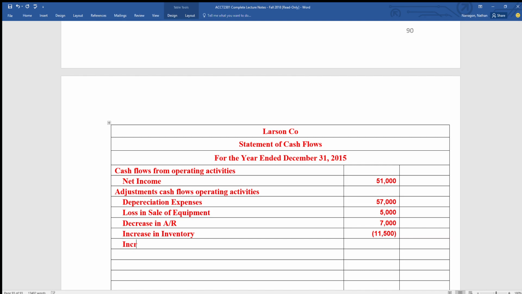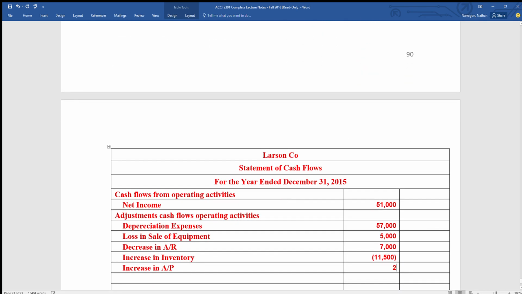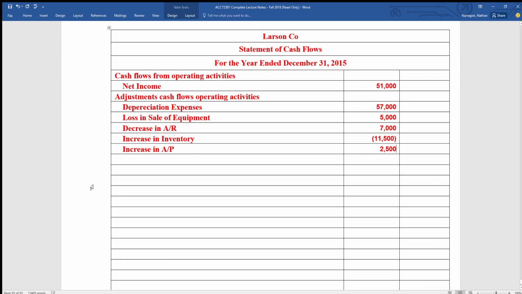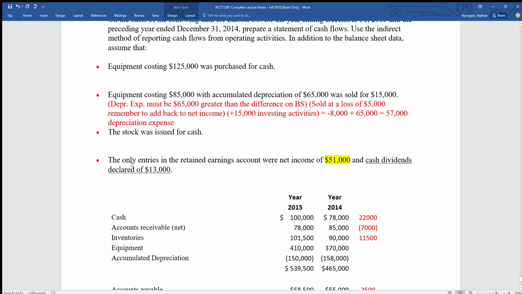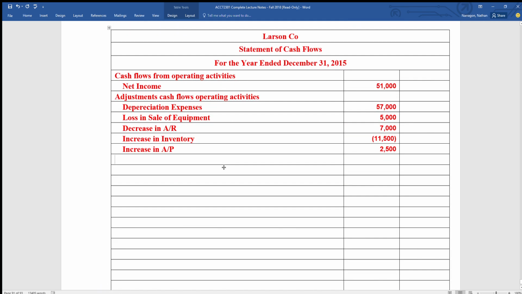So increase in AP, and we must add that back. So they actually follow the rules. Increase, increase. So 2,500. Okay, that's all from our operating. So again, look at our cash flow, and it tells us net cash flow from operating. Okay, and then we just take all those.